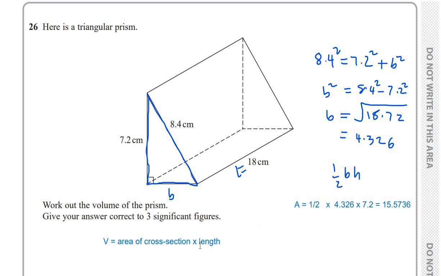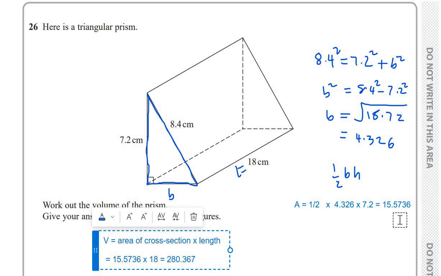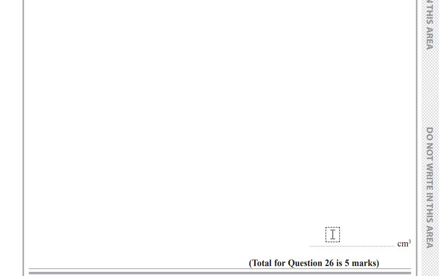And so now, in order to calculate the volume of the prism, we just need to do 15.5736 times the length of the prism, which is 18, and that is equal to 280.367. And we need to give our answer correct to 3 significant figures, and so that will be just 280 centimeters cubed.